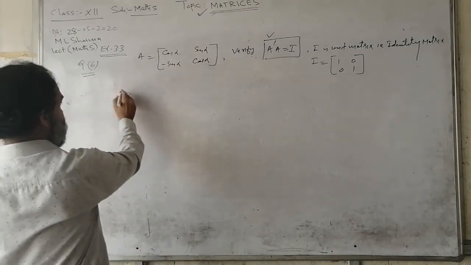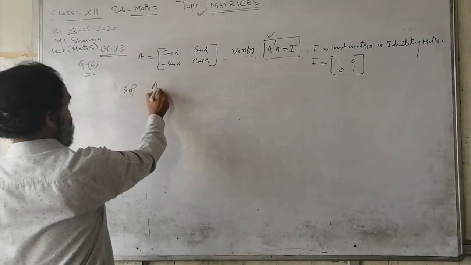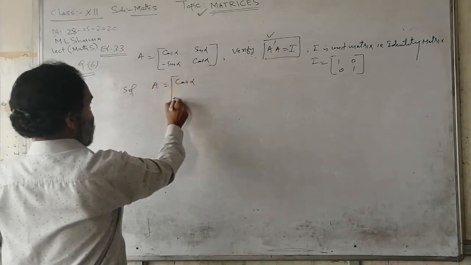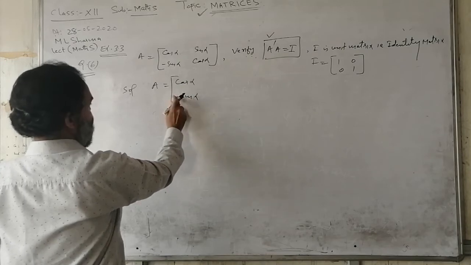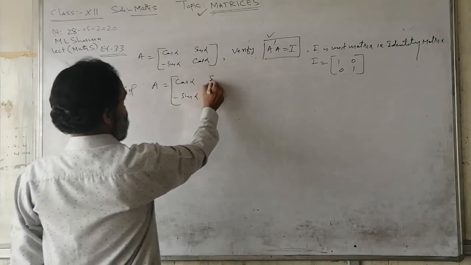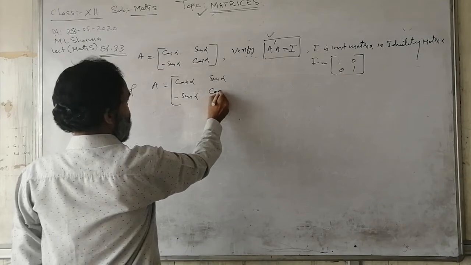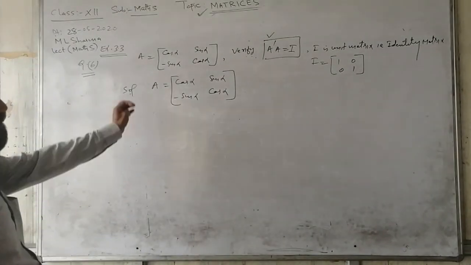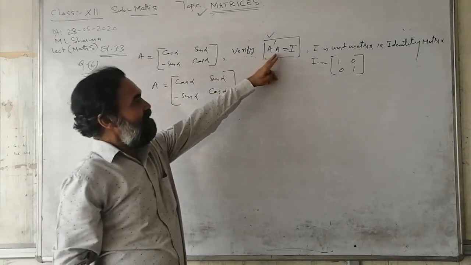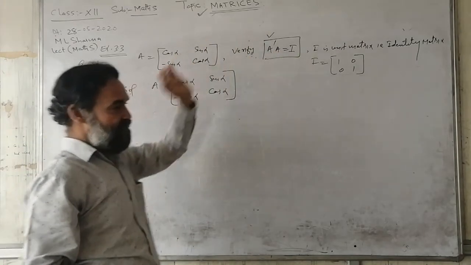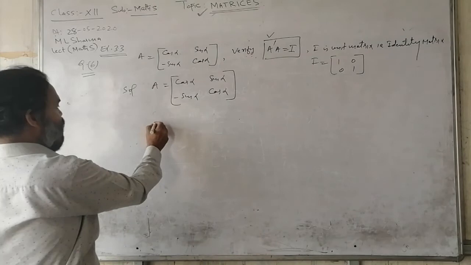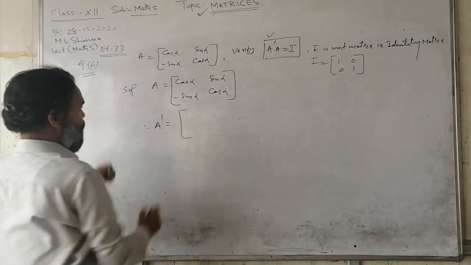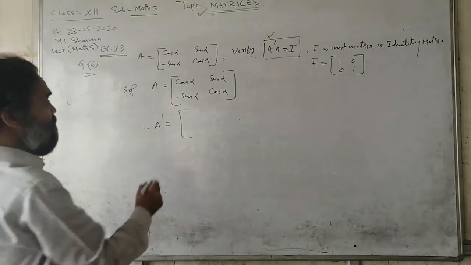So if A is the matrix cos alpha, minus sin alpha, sin alpha, cos alpha. In the left hand side, I need A transpose, and the transpose can be calculated by changing a row into a column.